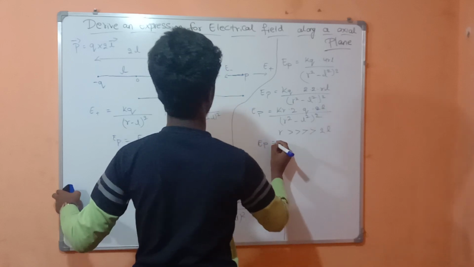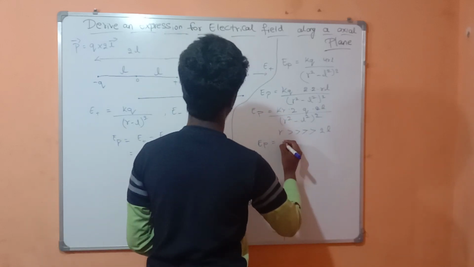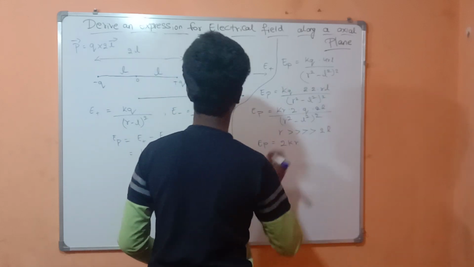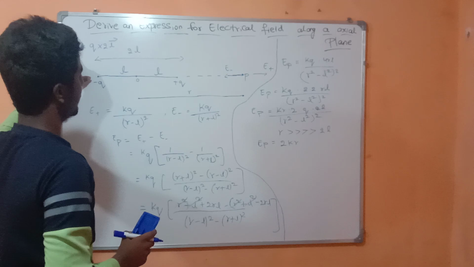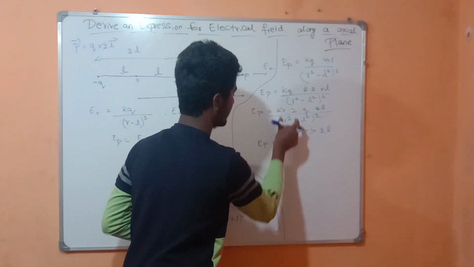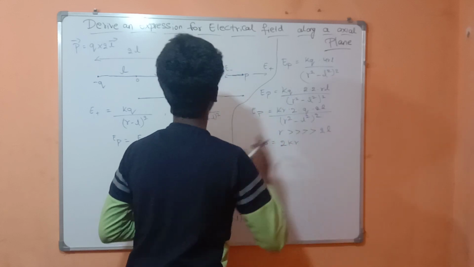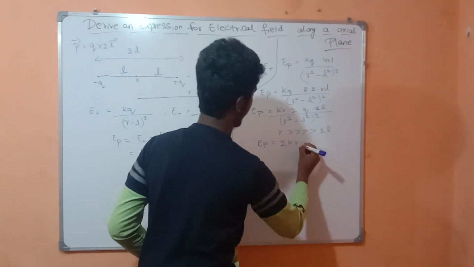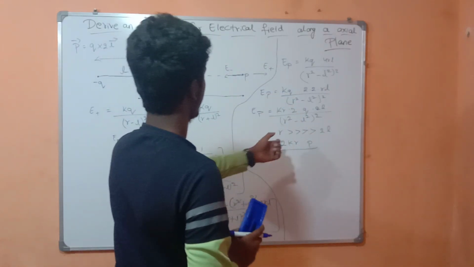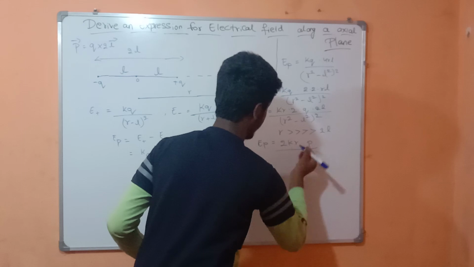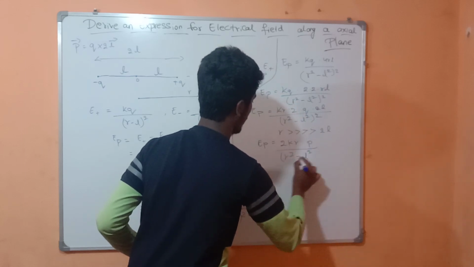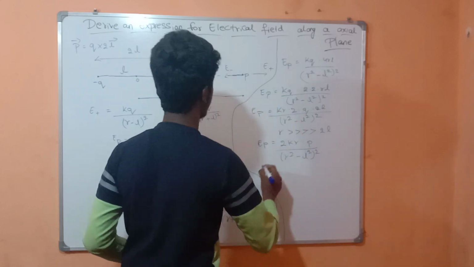The equation becomes EP will be equal to 2KR times, what is the vector P? It is Q into 2L. We have taken this as the common factor, Q into 2L. You can write it as P divided by, see children, (R square minus L square) the whole square.